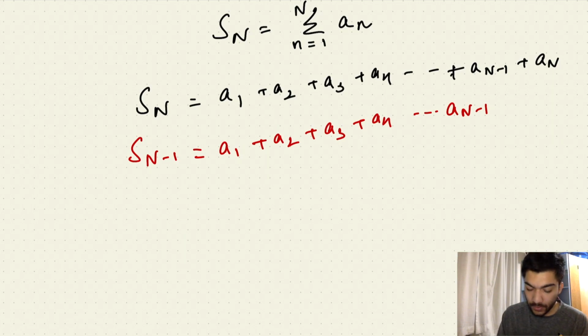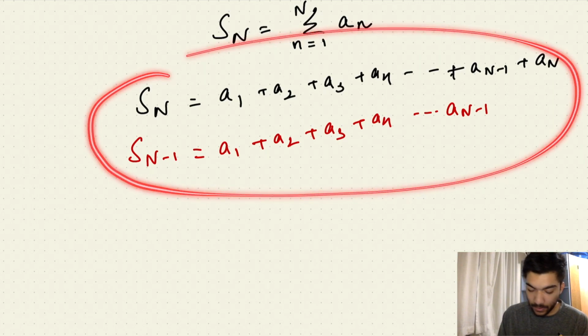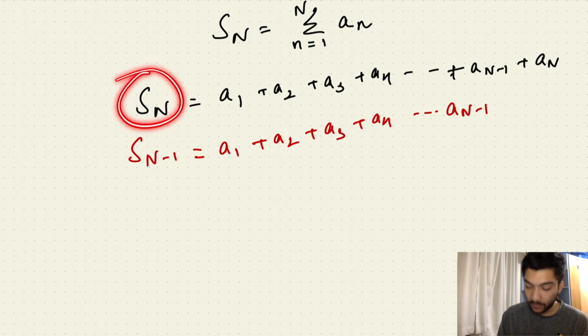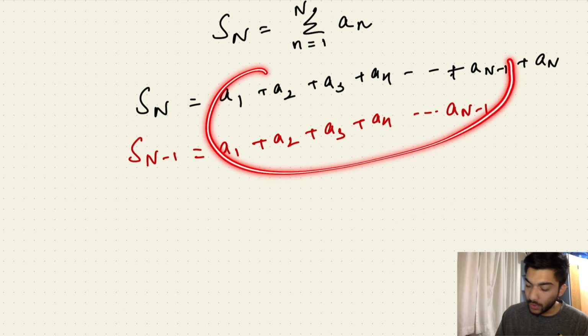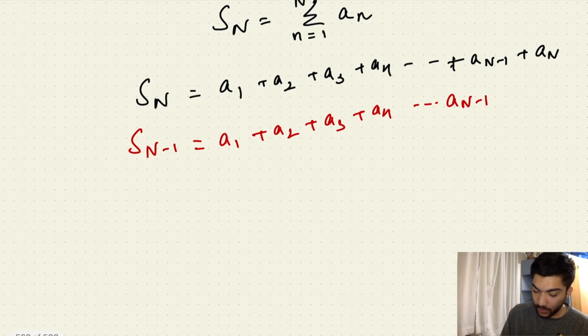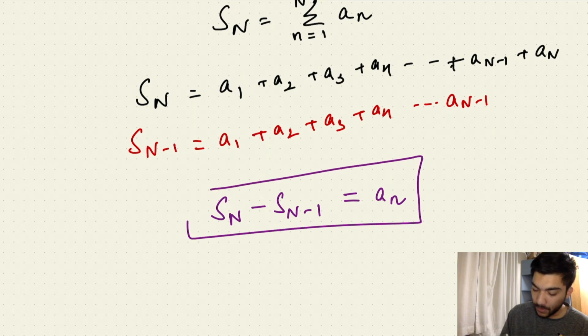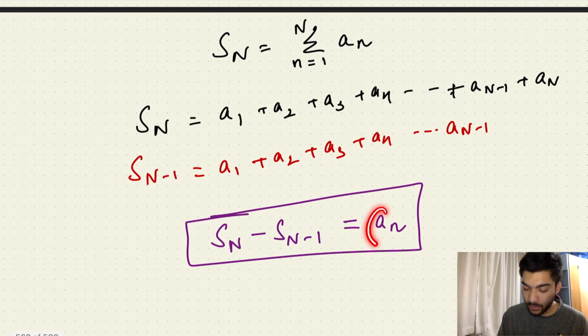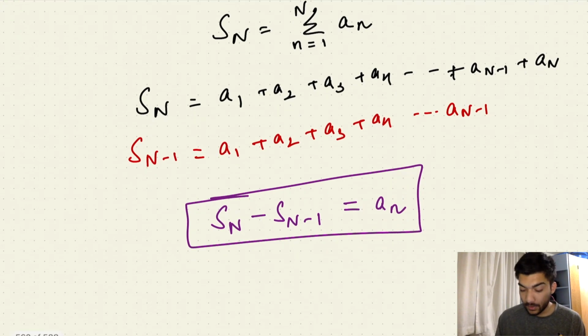And now you can notice that if we subtract s of n minus 1 from s of n, we'll cancel all these terms over here except the a of n term. So now we have a relation that s of n minus s of n minus 1 is equal to your nth term in the sequence. So we can use this formula in order to calculate our sequence. And let's do that.